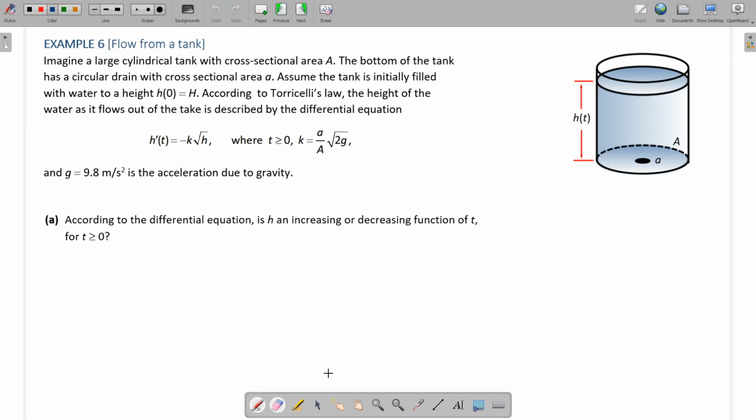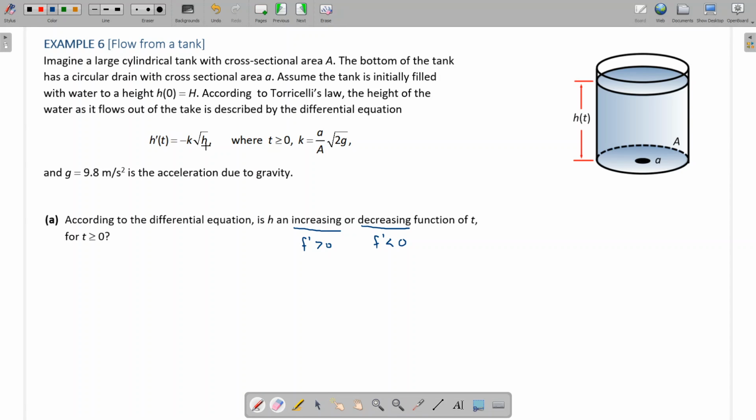Okay, so the first part says, according to this differential equation, is h an increasing or decreasing function of t? Well, we studied increasing and decreasing functions way back, probably chapter 3 or chapter 4, and we said that for a function to be increasing, the derivative of that function had to be positive, and for it to be decreasing, the derivative had to be negative.